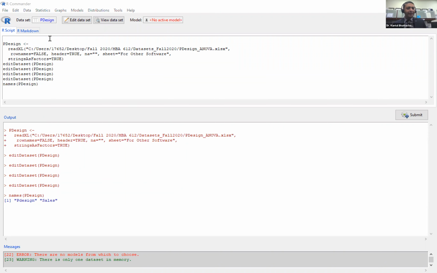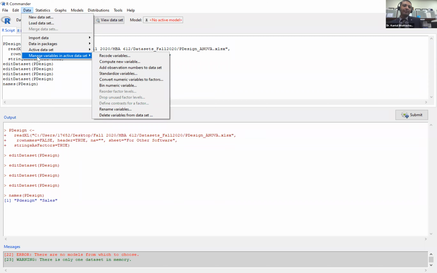So apparently, I think I was using the wrong drop down. It's a much simpler setup than that. So if you go under data, and under data, if you choose the drop down that says manage variables in active data set, rather than choosing the recode variables option, if you drop down, you will see an option that says convert numeric variables to factors, which is essentially what we are after.